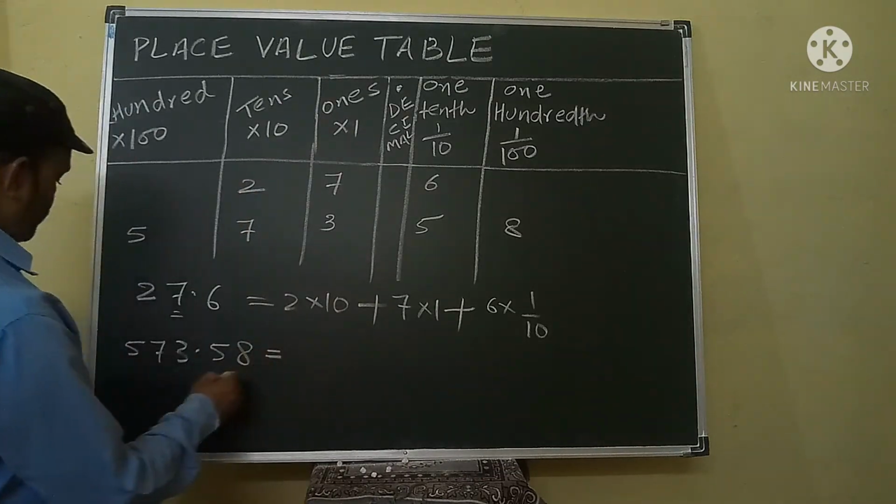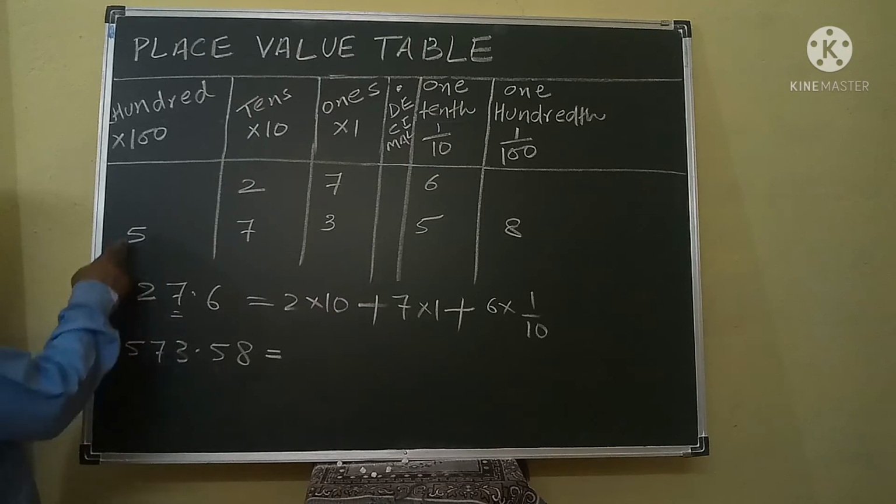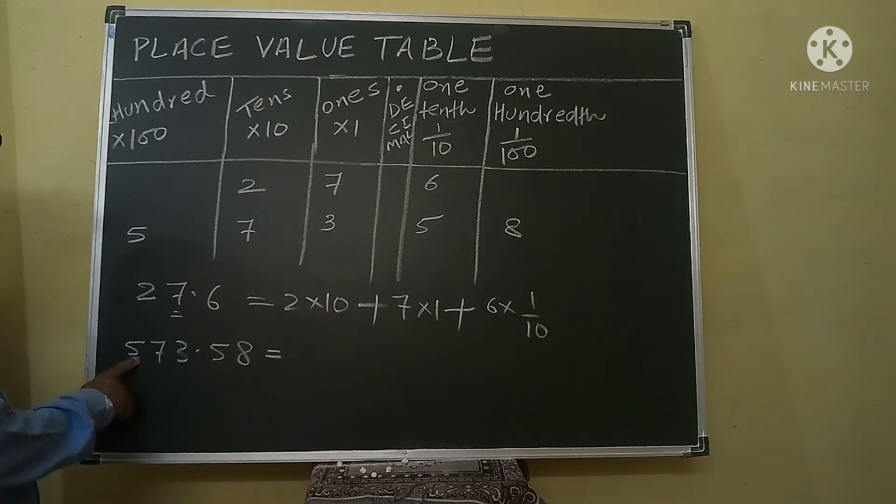Now look here. 5 is in which place? 5 is in hundred place. Ones, tens, hundred.